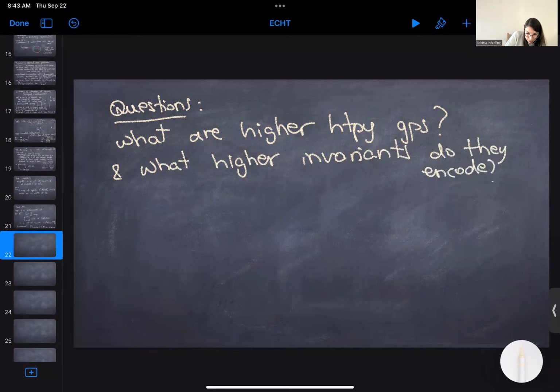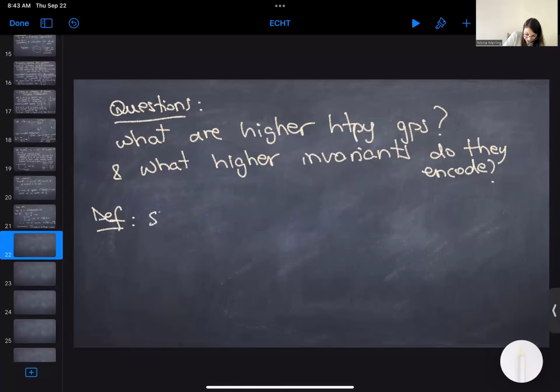For example, even for this map on pi naught that sees the Euler characteristic, what does it see on higher homotopy groups? And there's another definition which is more refined, which we have thought about a bunch.